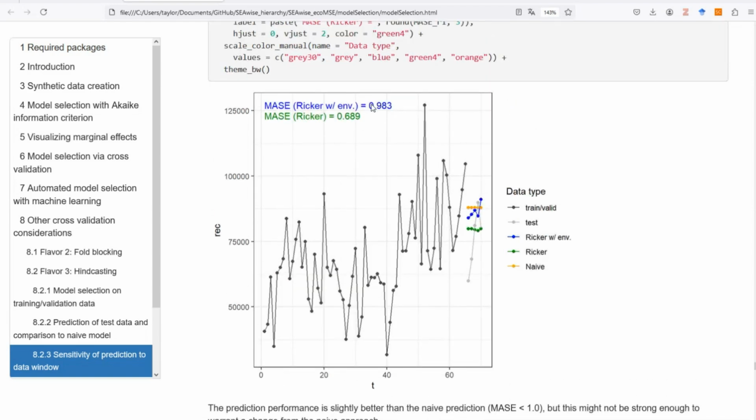So I would think that a MASE of this degree would not be enough evidence to really go forward with that model for short-term predictions, whereas the RICR might be.